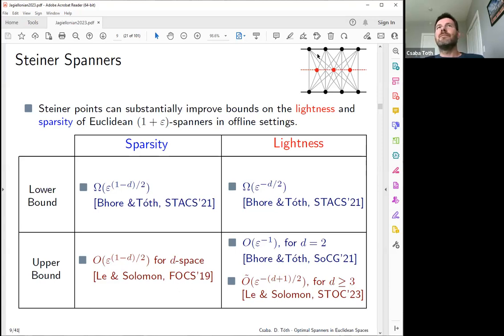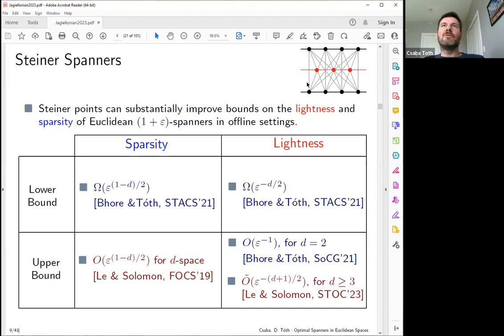If the black points are input, then one can space them on the two lines, and choose epsilon, so that the 1 plus epsilon spanner will be the complete bipartite graph plus a path on each partite set.